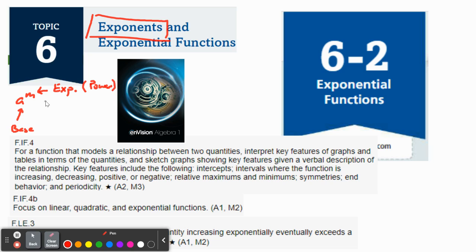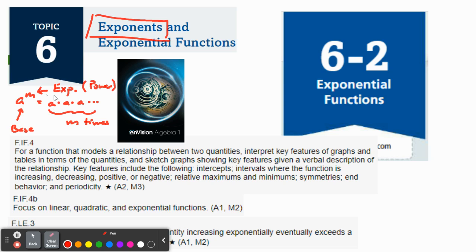And really what A to the mth power means is A times A times A dot dot dot, and you write that A m times. So it's A multiplied m times. That's what it means.